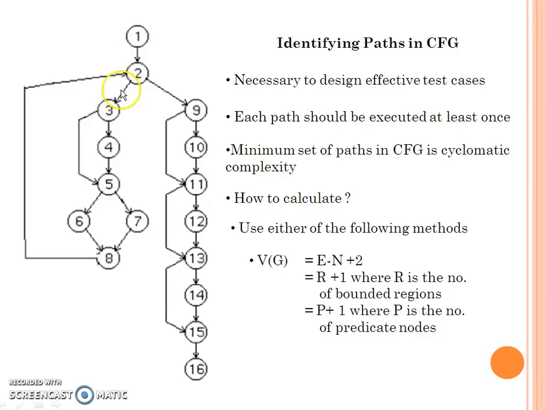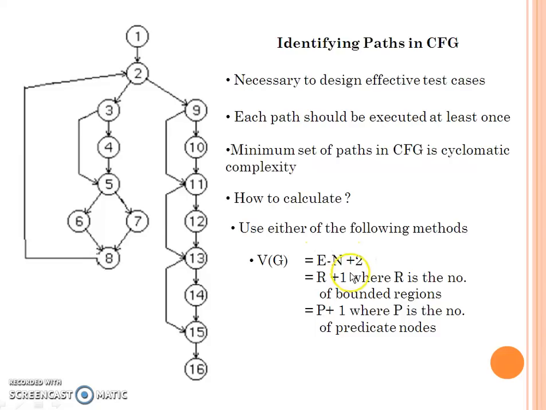So we have 1, 2, 3, 4, 5, 6, 7, 8, 9, 10, 11, 12, 13, 14, 15, 16, 17, 18, 19, 20, 21. So E is 21, N is 16. That makes 21 minus 16 as 5, plus 2 makes it 7. So we get the value of Vg from the first formula as 7.